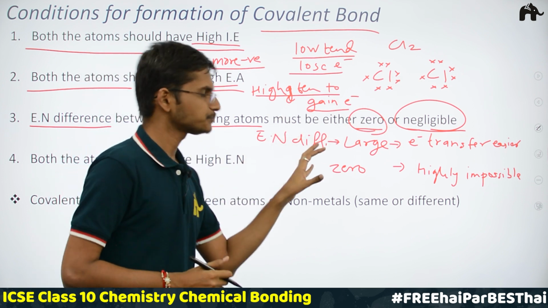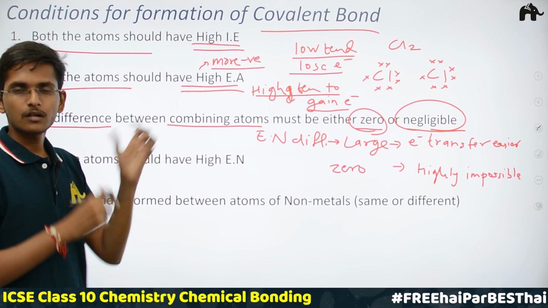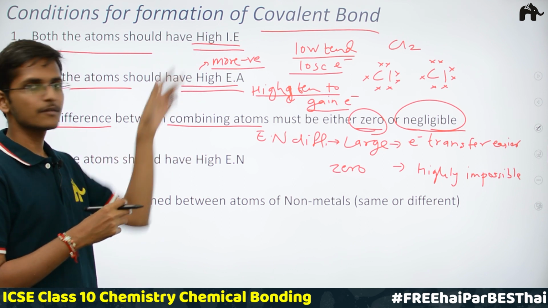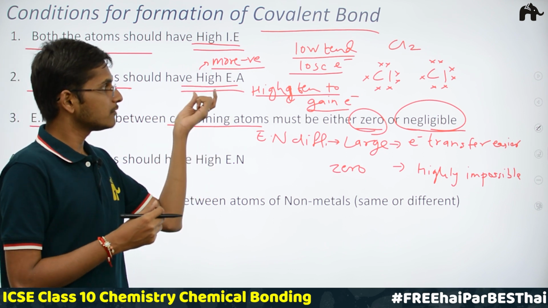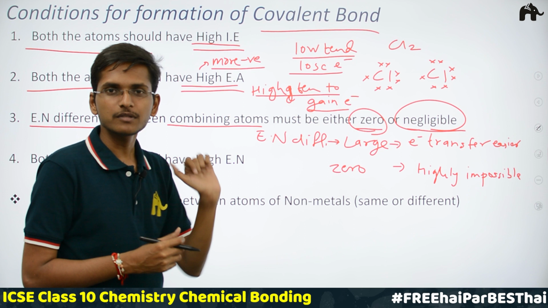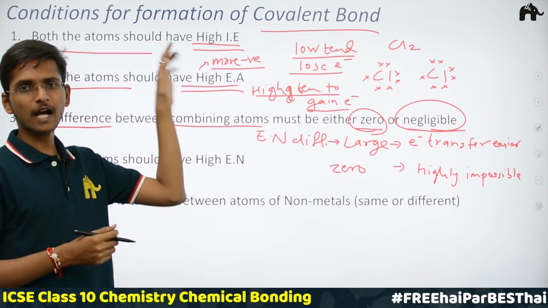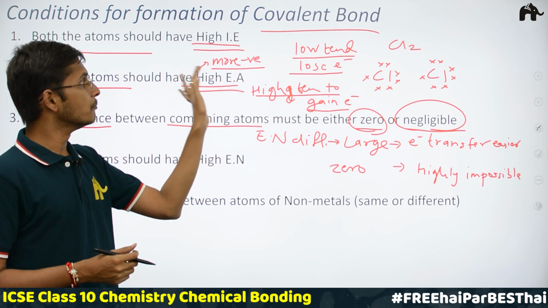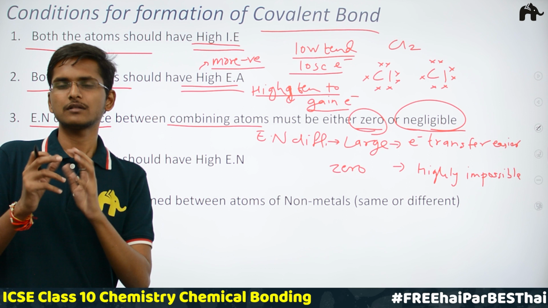Now let's move ahead. Let's correlate these two conditions, which should be possessed by the combining atoms, with electronegativity. Now what do you think? An atom which has high ionization energy and a more negative value of electron affinity, or high electron affinity, which atom would it be?